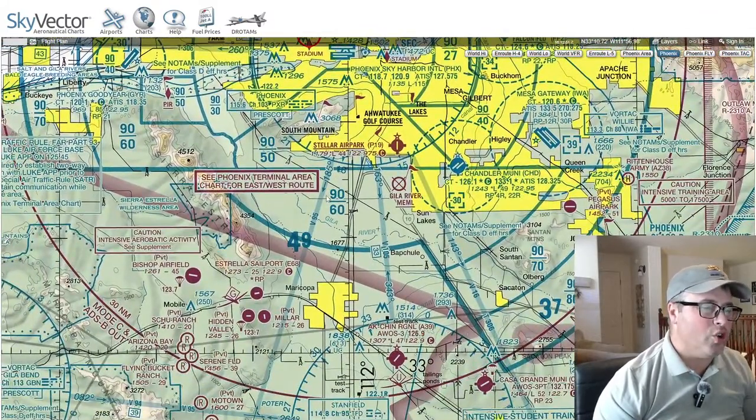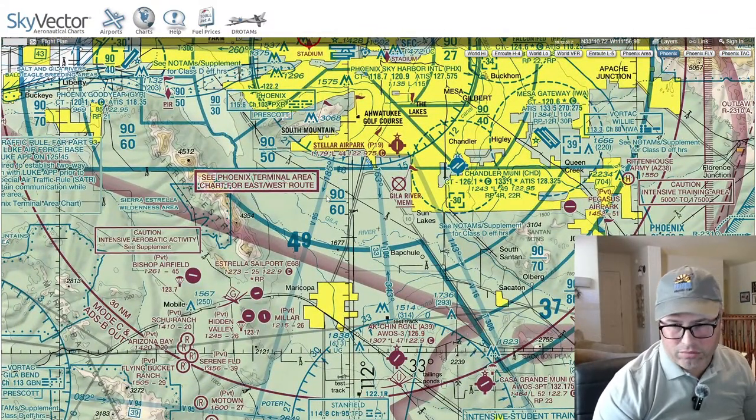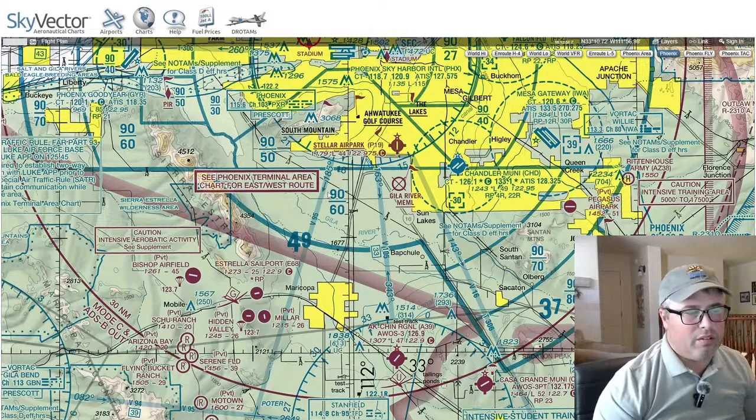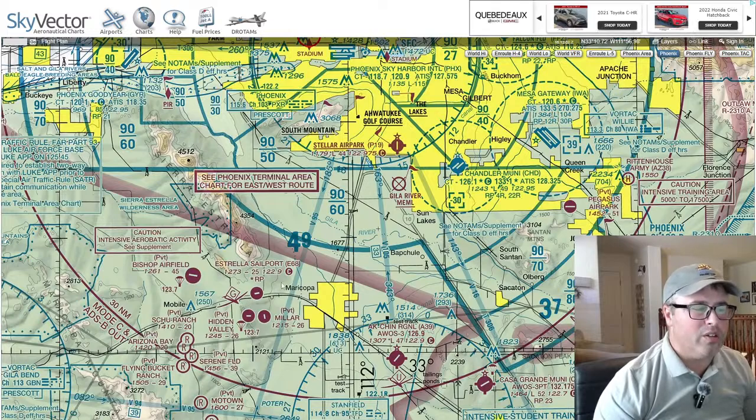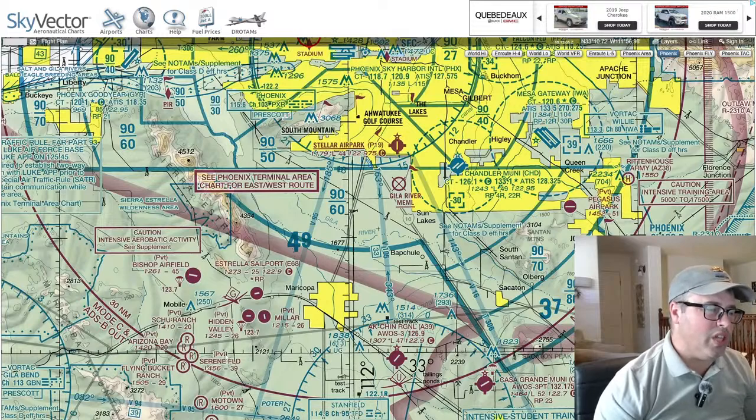As gliders, we don't have to have that if the glider doesn't have an electrical system. Most gliders do not have an engine-driven electrical system. They'll have a battery, but that's not considered a permanent engine-driven electrical system.